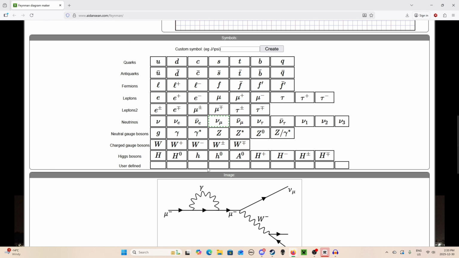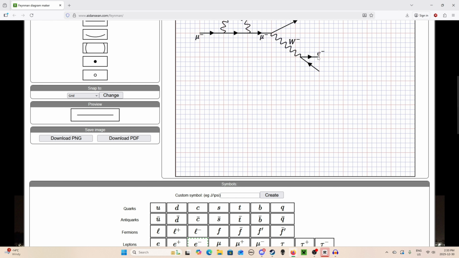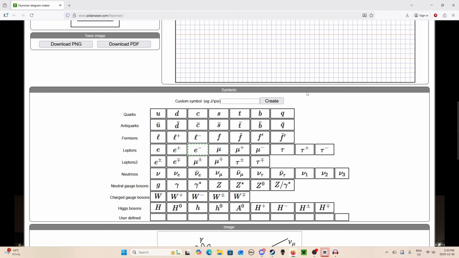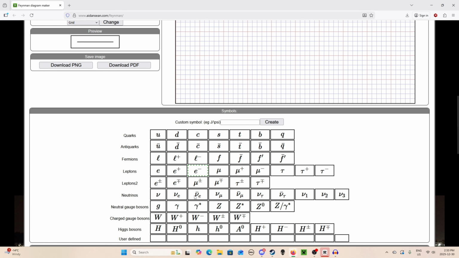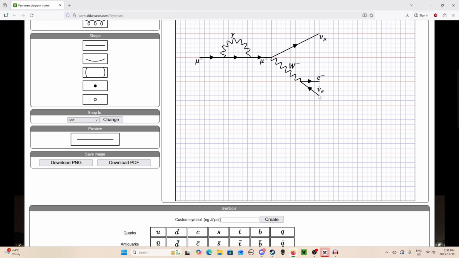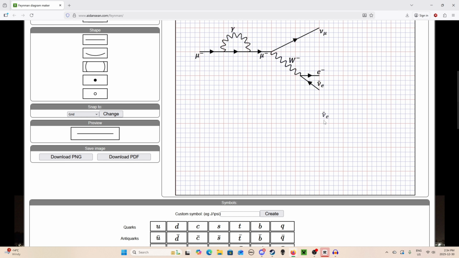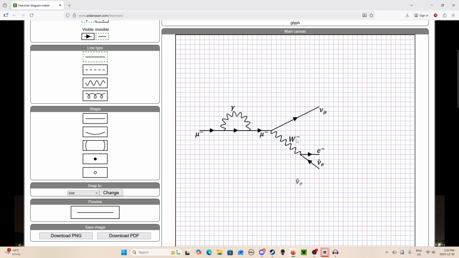So what we would get is an electron, because we can't make it a positron, this is -1, and so that's going to be the particle. But now it needs an antiparticle, and that antiparticle needs to make it such that the lepton number of electrons is totally 0. So we're going to go back down here, and we get an anti-electron neutrino. There you go. So there's another Feynman diagram.